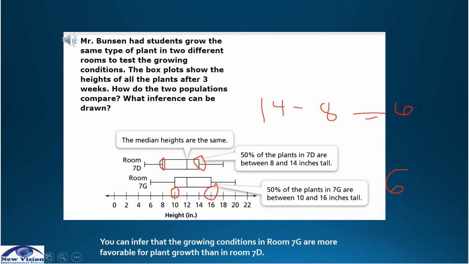So we are going to consider the box plot. Which box is longer, the 7G or the 7D? The box after the median is longer in 7G. So it's more favorable for the plants in 7G.